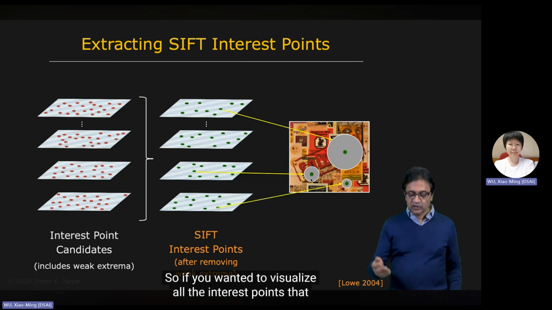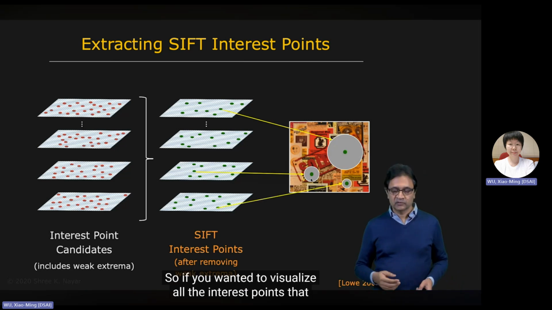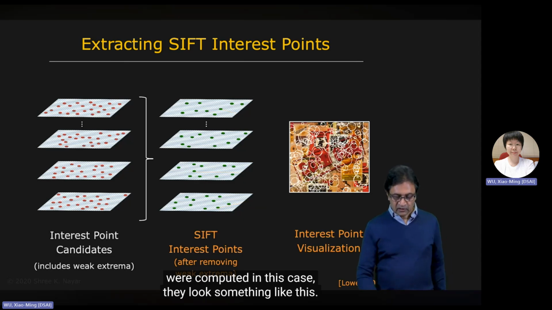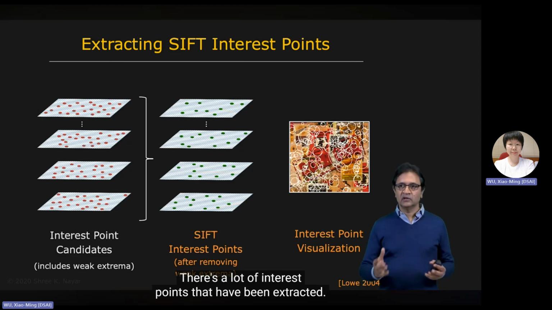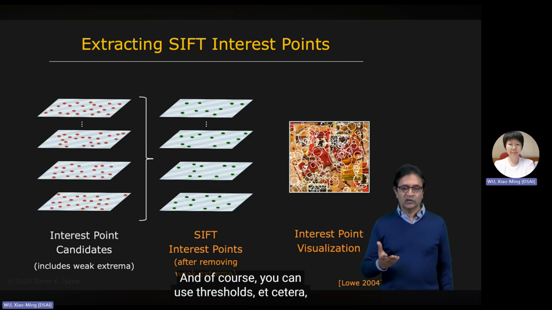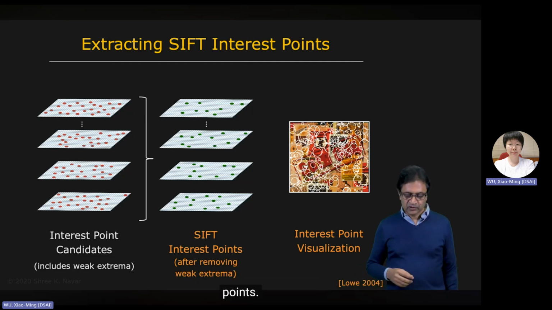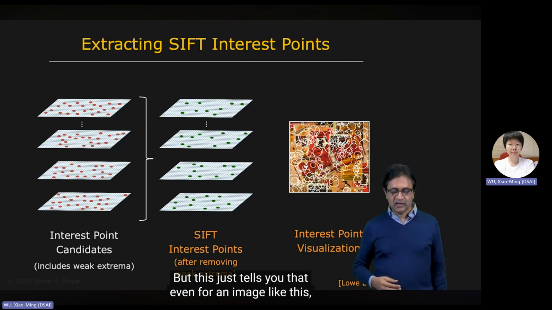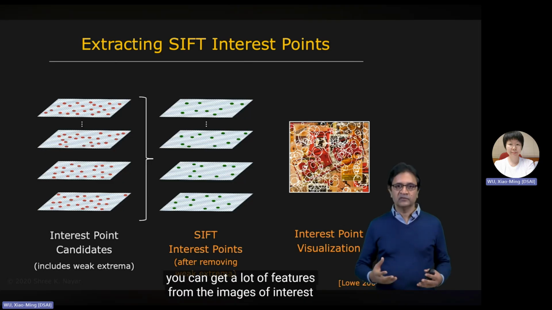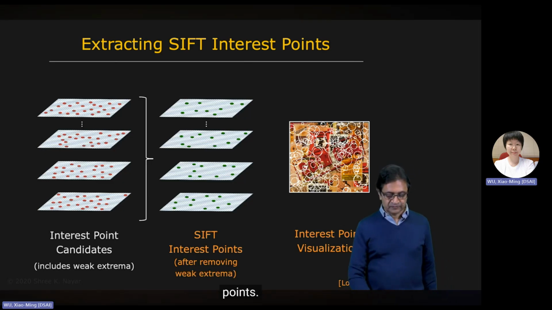So if you wanted to visualize all the interest points that were computed in this case, they look something like this. There's a lot of interest points that have been extracted. And of course, you can use thresholds, etc., to reduce the number and only look for really strong interest points. But this just tells you that even for an image like this, you can get a lot of features from the image, SIFT interest points.